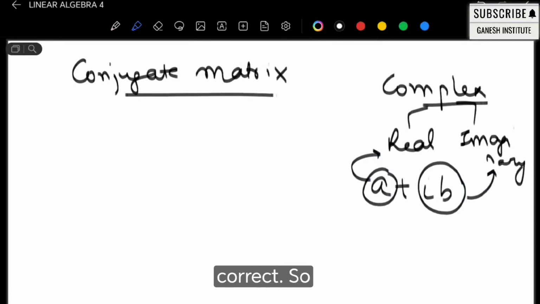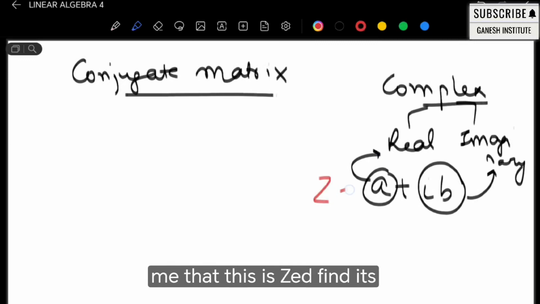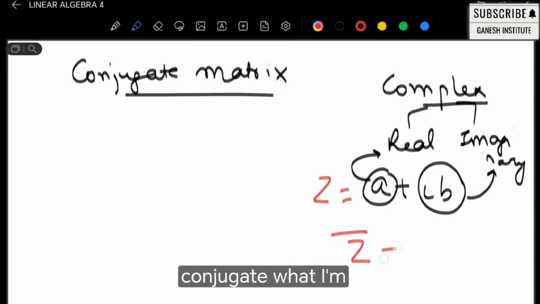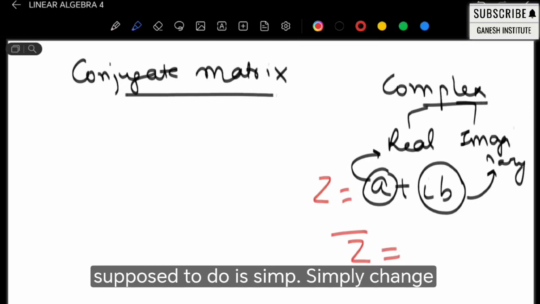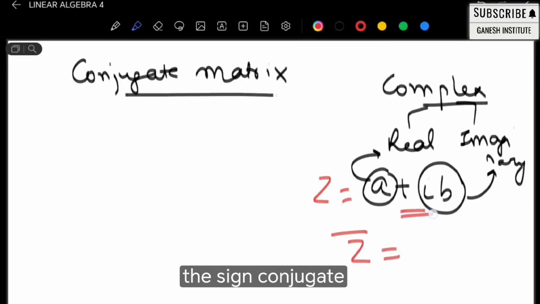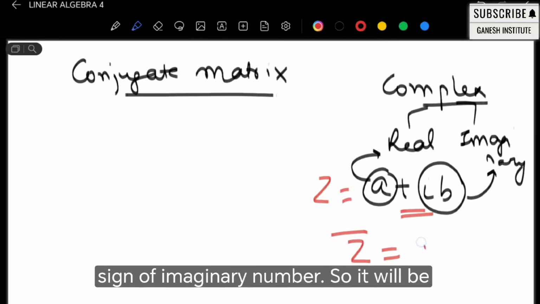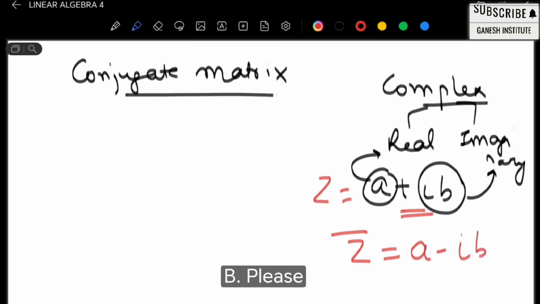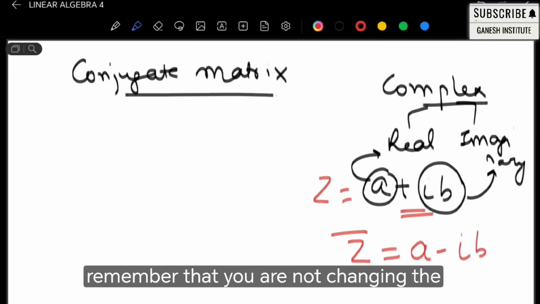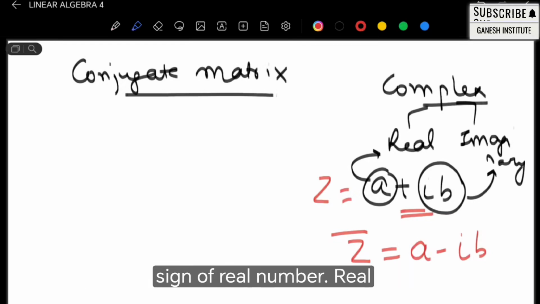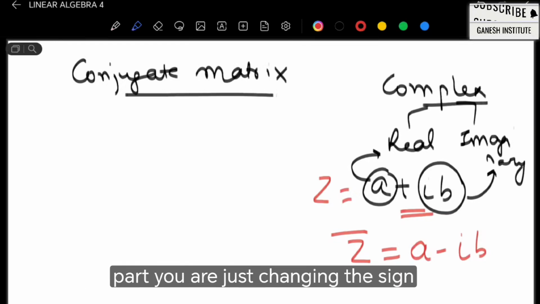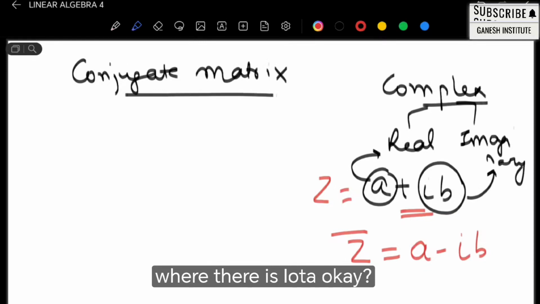Correct? So if the question is asking me that this is z, find its conjugate, what I'm supposed to do is simply change the sign. Conjugate is the opposite sign of the imaginary number. So it will be a minus iota b. Please remember that you are not changing the sign of the real part. You are just changing the sign where there is iota.